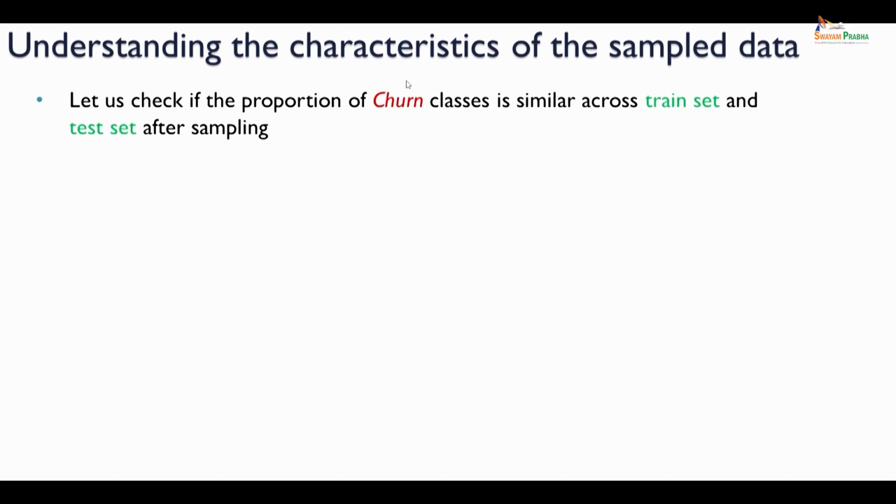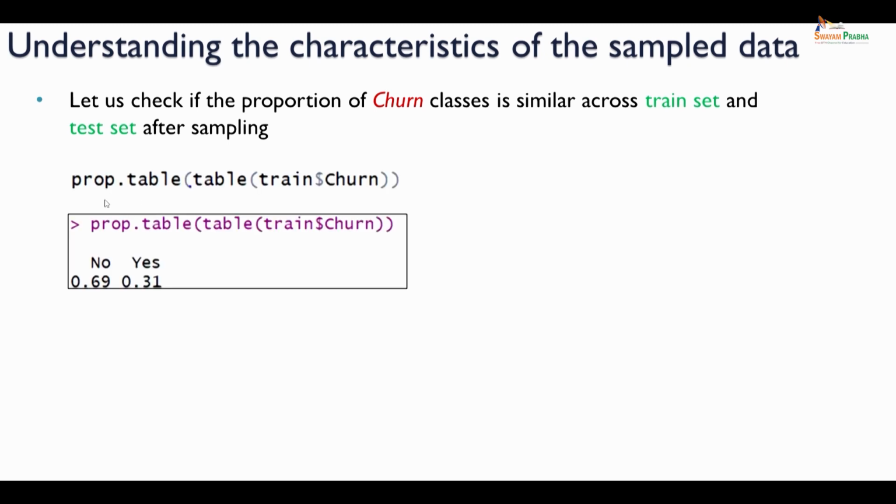So now we have sampled the data. How can we know if the proportion of churn classes is similar across the train set and test set after sampling? We can check that using prop.table. Inside the function you should have a table function, right. The table function calculates the frequencies under the categories of churn.